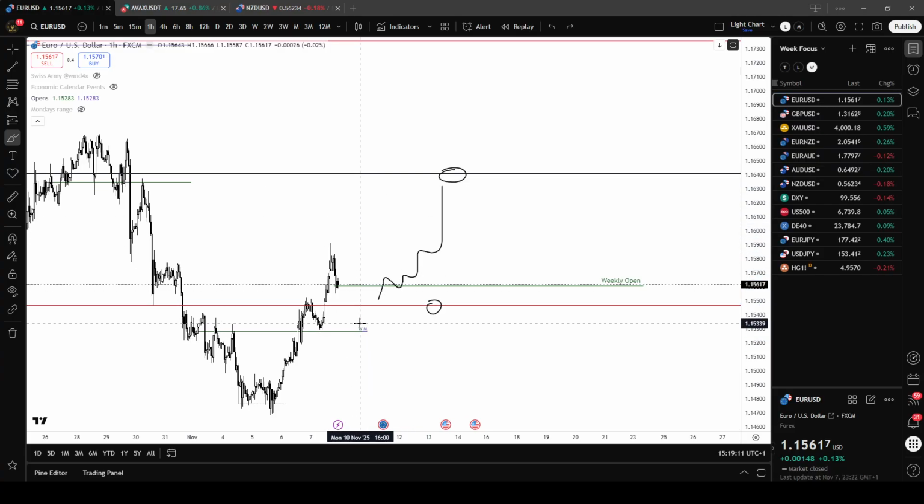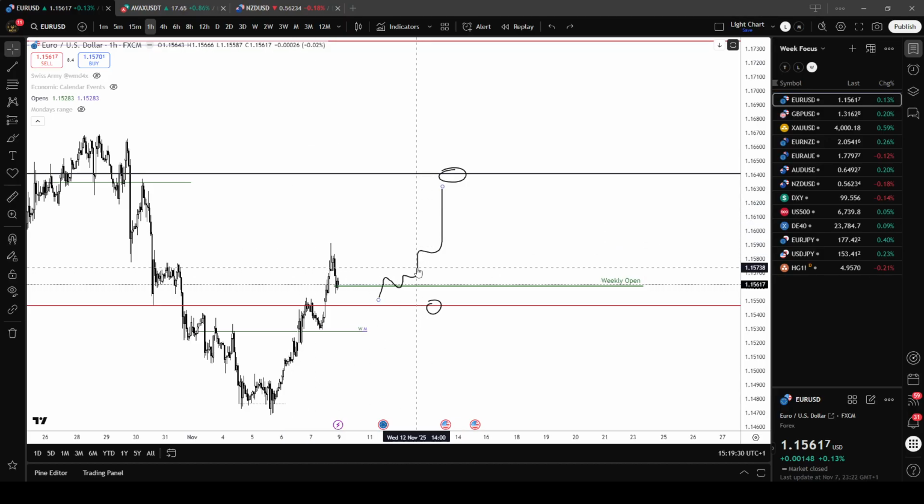I think these lows are going to get front run, and probably we make this low around this area, reclaim, and then we send it. So this is my scenario, and I'm willing to take this risk.